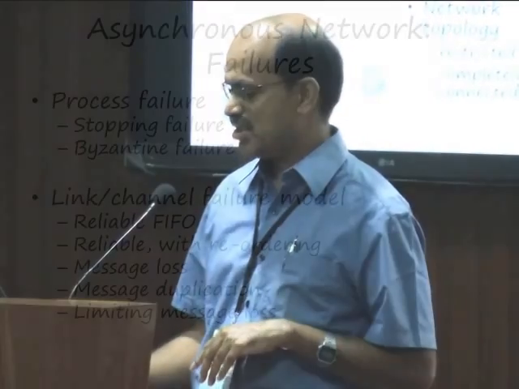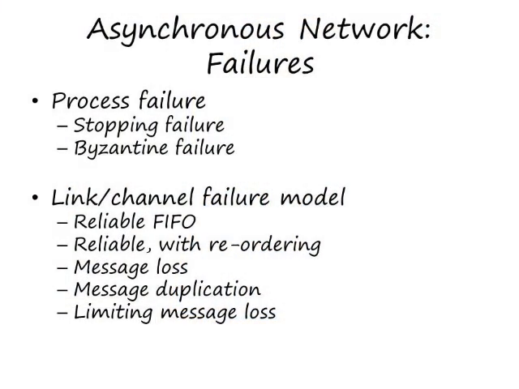We use the word link or channel to refer to a communication channel between two processes. In this model, you have process failures just as before in the shared memory setting. It's more or less the same. But here you also have the possibility of channel failures or link failures.